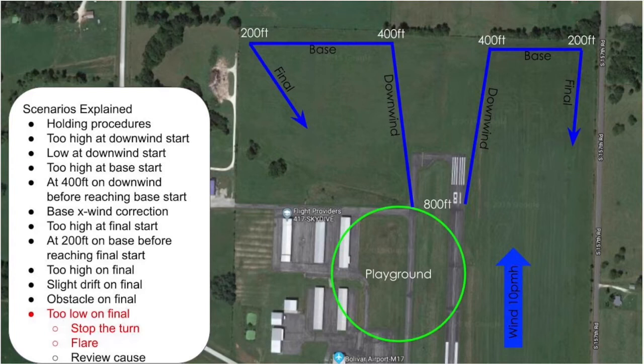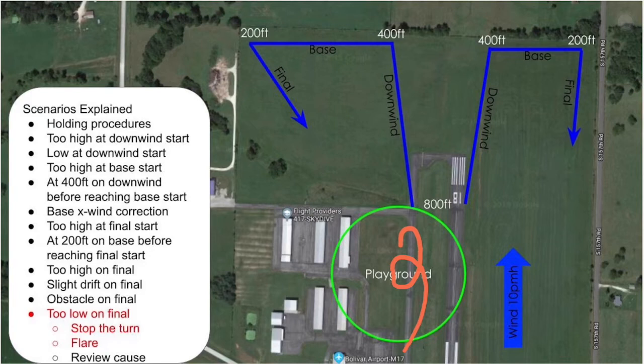So when we talk about holding a position over the ground, what we need you to do is face into the wind a longer amount of time than you do when you turn downwind. For example, if we need you to hold in the playground area, that means you'll enter the playground area, probably downwind, covering a lot of speed, and then we're going to have you hold by turning into the wind and staying facing into the wind for a longer amount of time, getting some forward movement, and then you can turn downwind and hold again by facing into the wind.